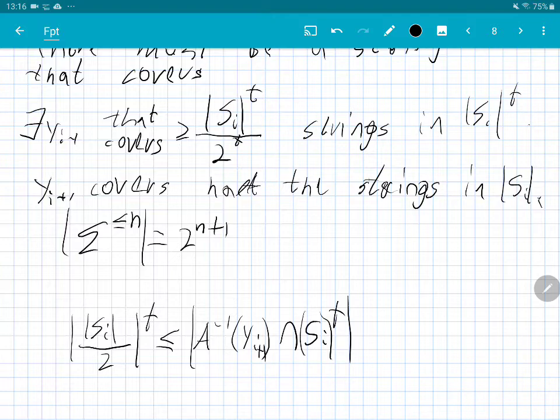It's all the t-tuples that are mapped to the string y_{i+1}. And we argued that this was at least half the tuples. We argued that the number of these tuples is at least what's written on the left side. So we have this.